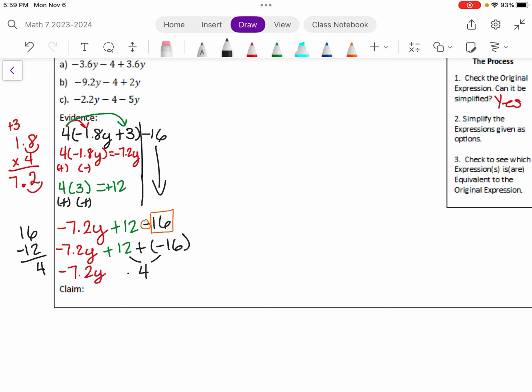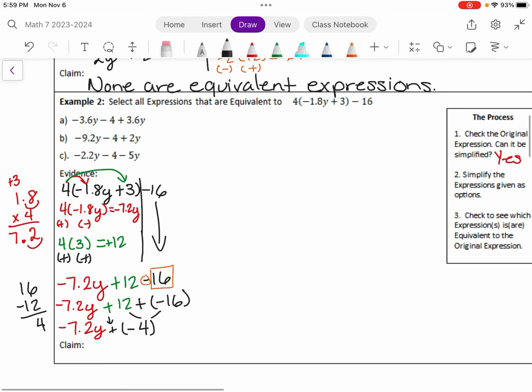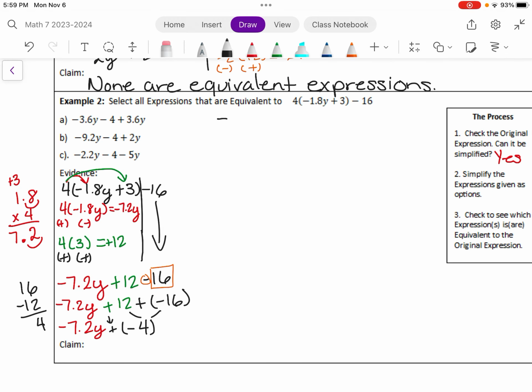My 16, which tells me my answer is going to be a negative. Last thing I need to do is bring down that plus. So now I have negative 7.2y plus negative 4, or in other words, negative 7.2y minus 4. One or the other. They are both correct.